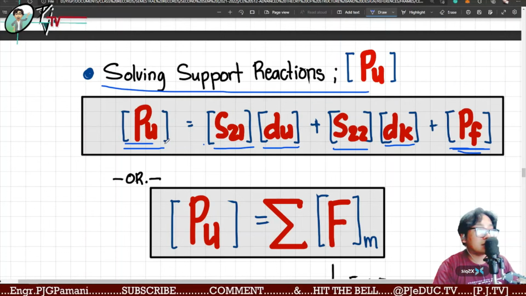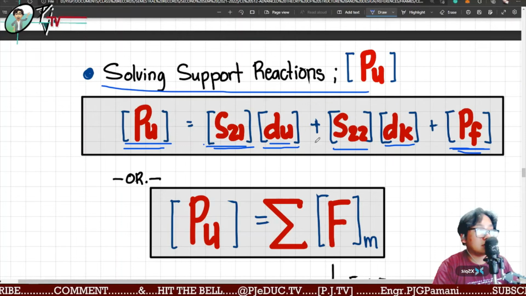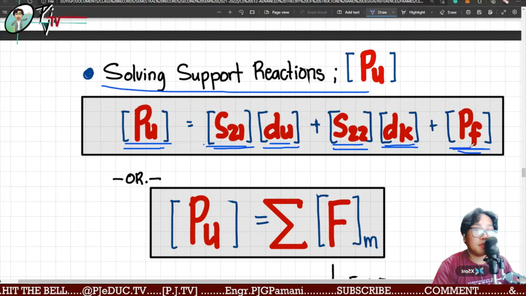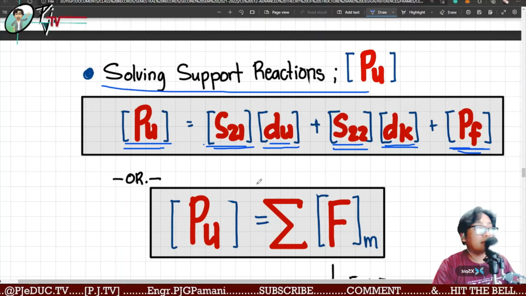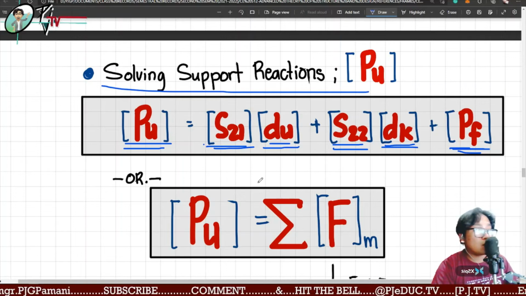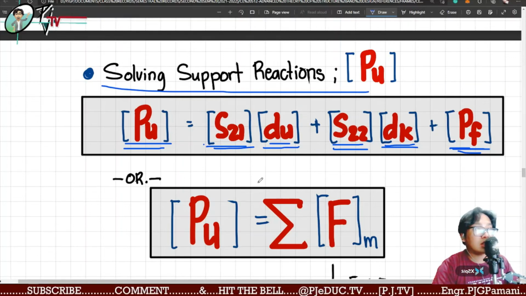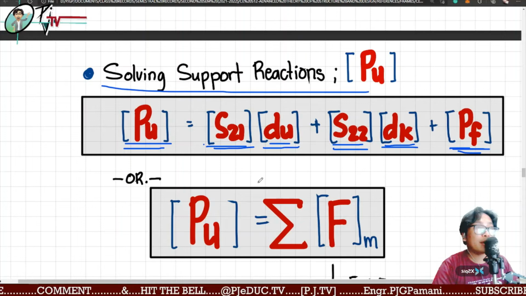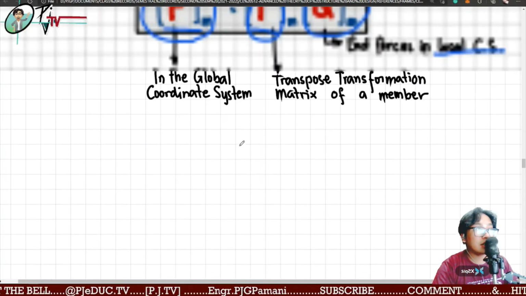Solving the reactions at the support is basically the structure matrix S21 times DU plus S22 times DK plus PF. Or, para mas mapadali, total na solve naman na natin yung forces on global coordinate system or member end forces and end displacement on global coordinate system, which is your F.